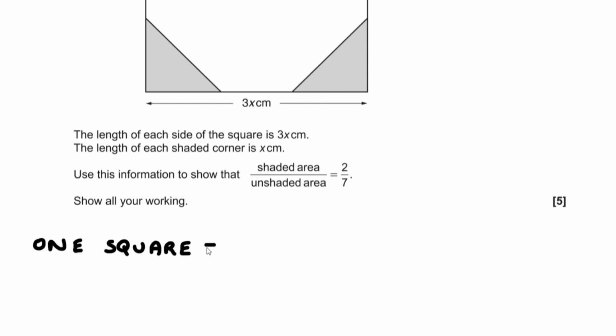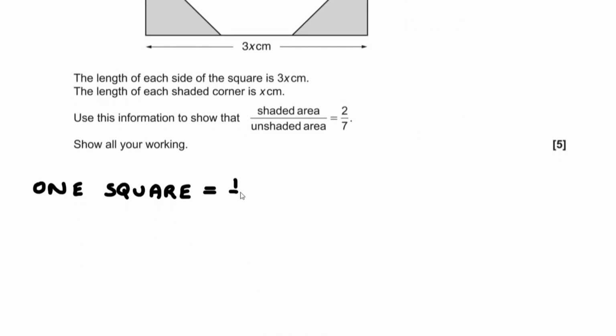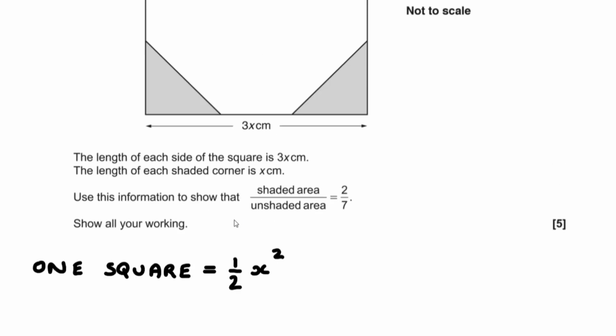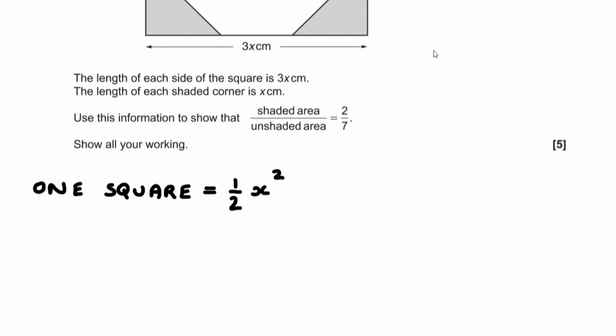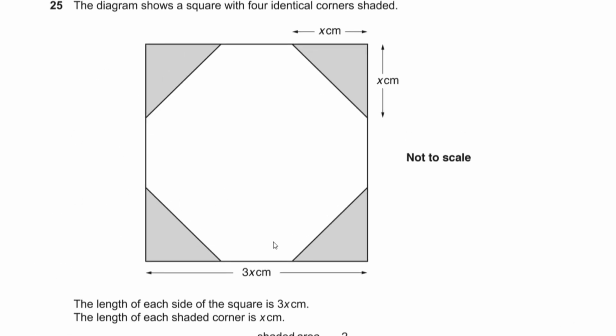So one triangle, we've got a half times base times height, so that's simply 1/2 x squared. And we've got 4 of these triangles, so the shaded area is 4 times 1/2 x squared, which is 2x squared. So that's 4 of those triangles. Now we can also find the area of the square.